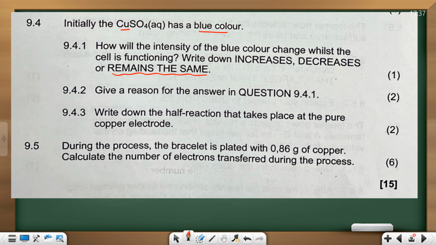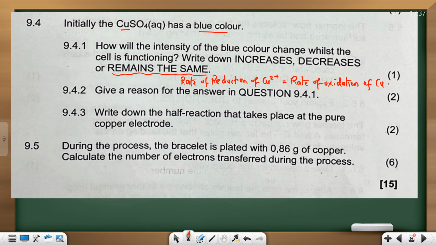The only thing I would like you to mention is what is oxidized and what is reduced. The rate of reduction of Cu2+ is equal to the rate of oxidation of Cu. 2 marks.